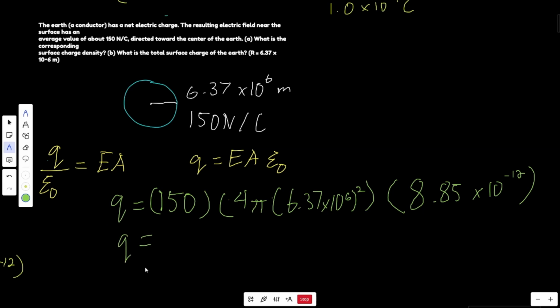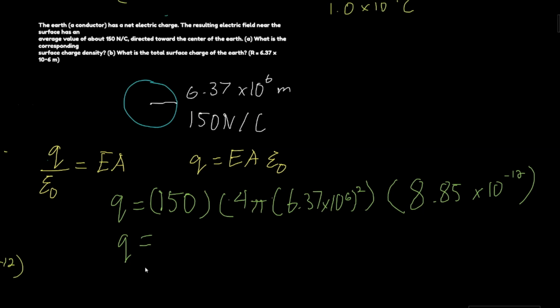So let's try it. Let's multiply all of them together. So we'll have 150 times 4 times pi times 6.37 times 10 to the power of 6 all squared, multiplied by 8.85 times 10 to the power of negative 12. That is a long computation.